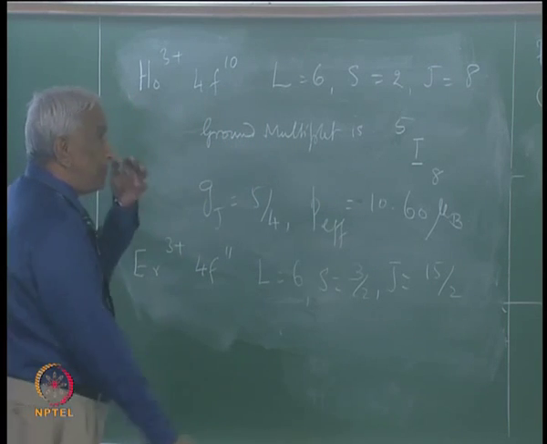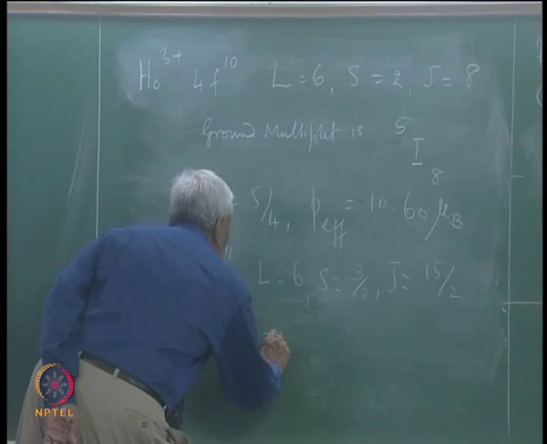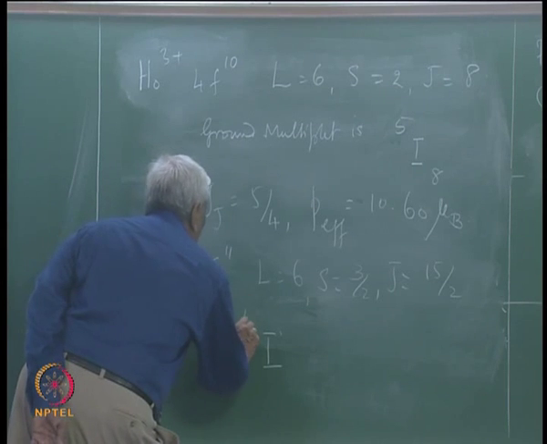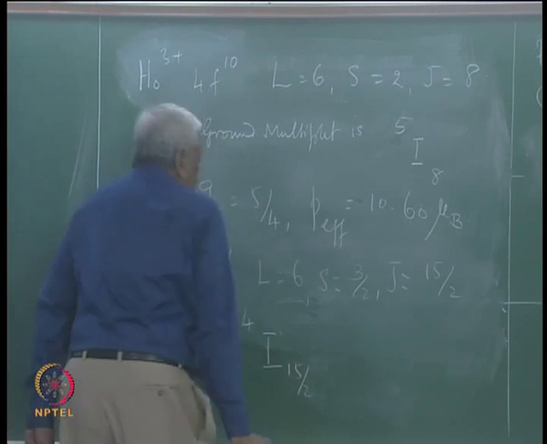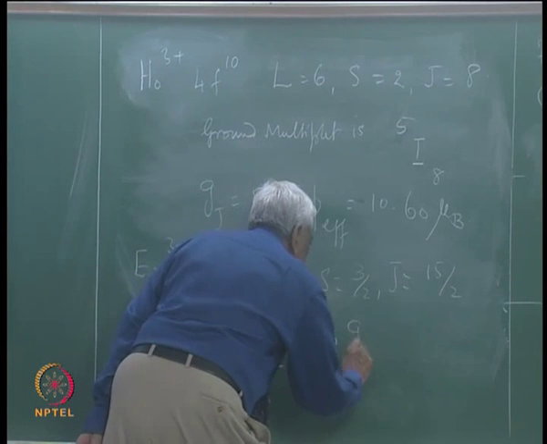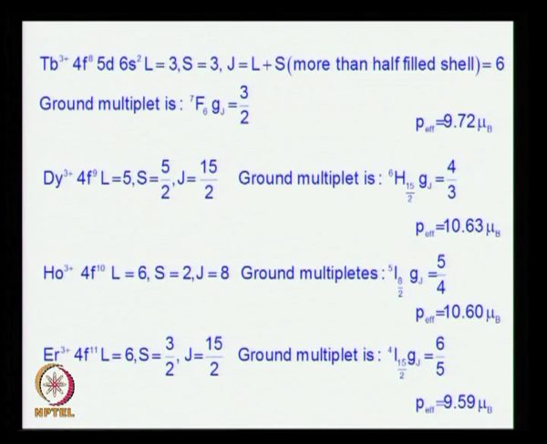So, the ground multiplet is again an I term with 4I 15 by 2, leading to a Gj value of 6 by 5 and a P effective of 9.59 Bohr magnetons.